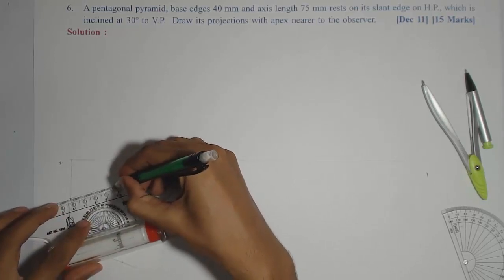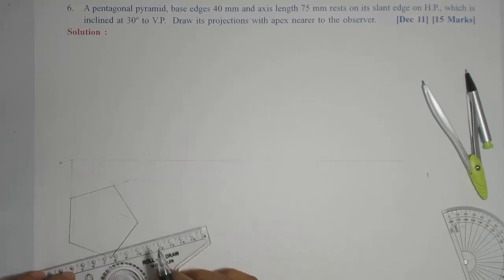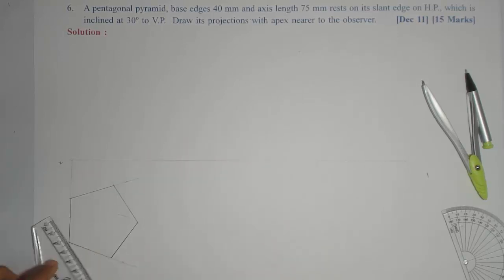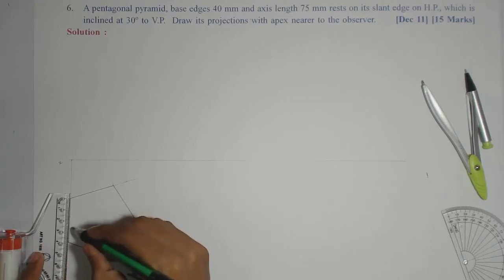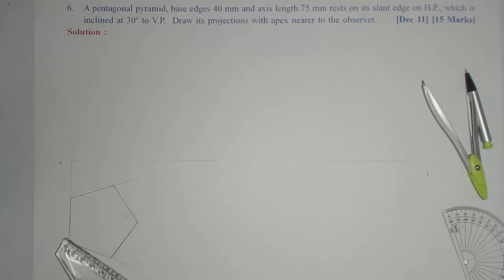Since it is a pyramid, we have to show the slant edges. So for that we need to mark the apex in top view, which will be the center of the base.